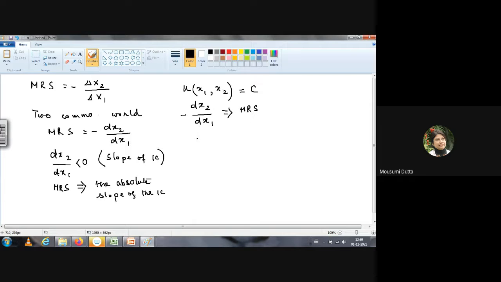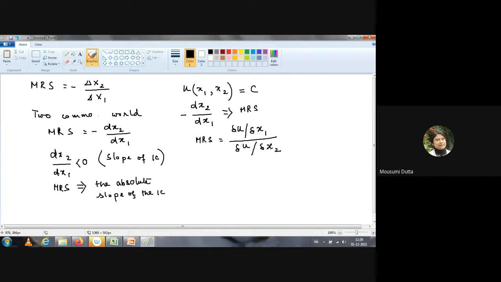We can define the marginal rate of substitution in another way as well. It can also be defined as change in utility due to change in x1 divided by change in utility due to change in x2, del u by del x1 by del u by del x2.